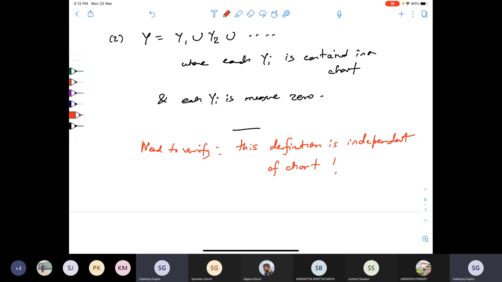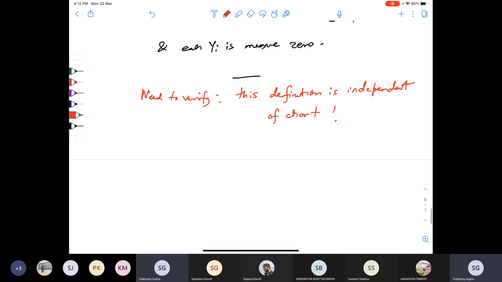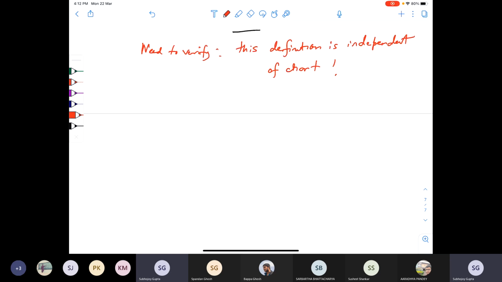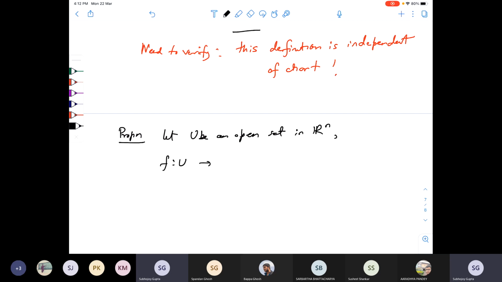Okay, and that's guaranteed by the following proposition. Here's a slightly more general fact. Suppose U is an open set in R^n, and suppose F from U to R^n, same dimension, is a smooth map.